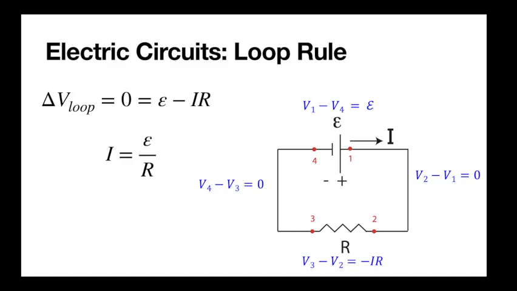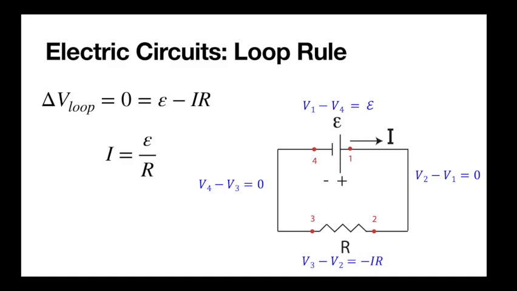So in order to have that work out to be 0 when we get back to where we started, whatever we gain, we have to lose. So if I increase the voltage of the battery, I'm going to increase the voltage drop as well. If I have a 3-volt battery, I'm going to lose 3 volts across here. If I have a 6-volt battery, I'm going to lose 6 volts across here.